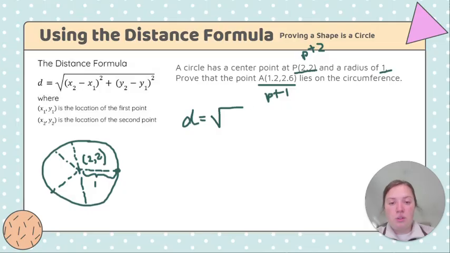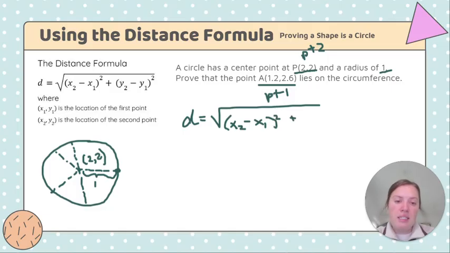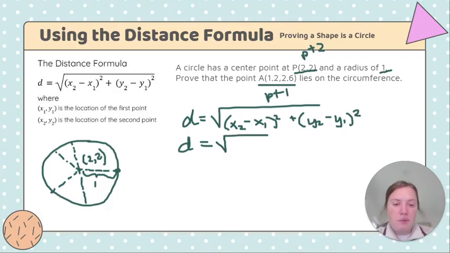D equals the square root of x2 minus x1 squared plus y2 minus y1 squared. Okay, I'm going to replace my values using substitution here. My x2 is 2, and my x1 is 1.2. There we go.